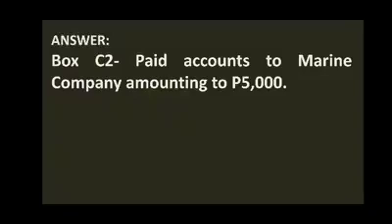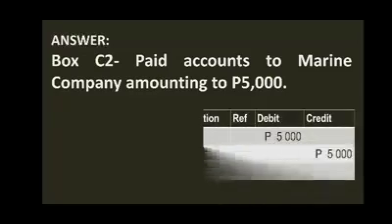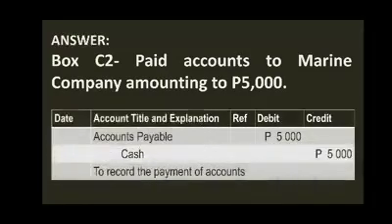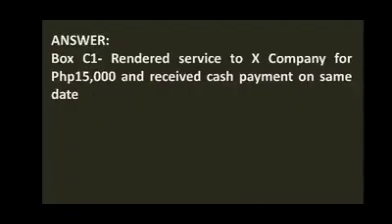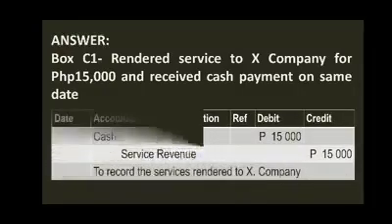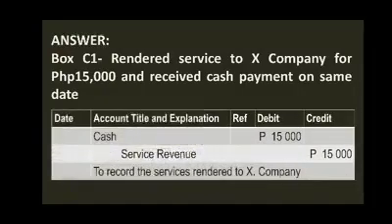Next, paid accounts to Marine company amounting to 5,000. So, nagbayad ka ng utang: debit accounts payable 5,000, credit cash 5,000. Next, rendered service to X company for 15,000 and received cash payment on same date. So, i-debit natin ay cash 15,000, credit service revenue 15,000.